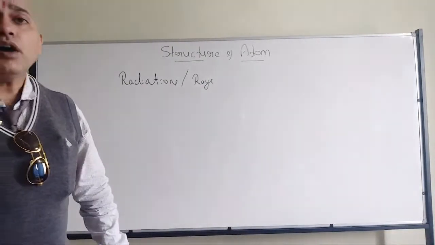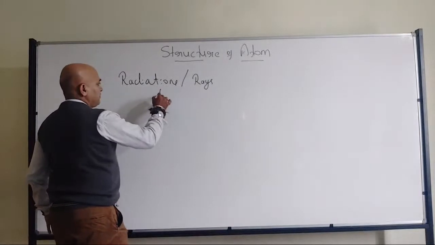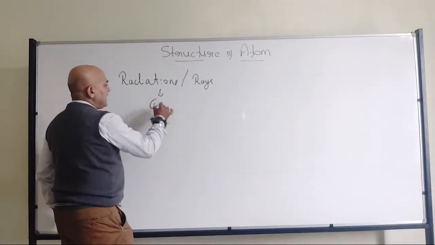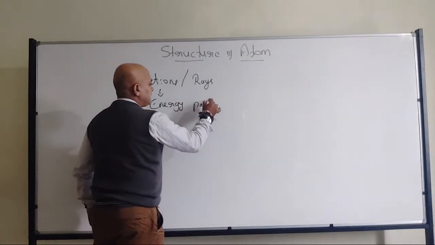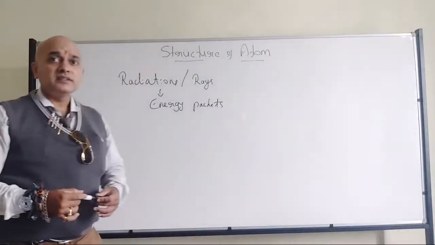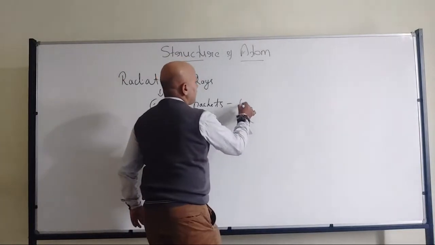But all of us know that these radiations, whatever we are getting from the sun, are like energy packets. All of you will agree? Right? So that is where we have the quanta.